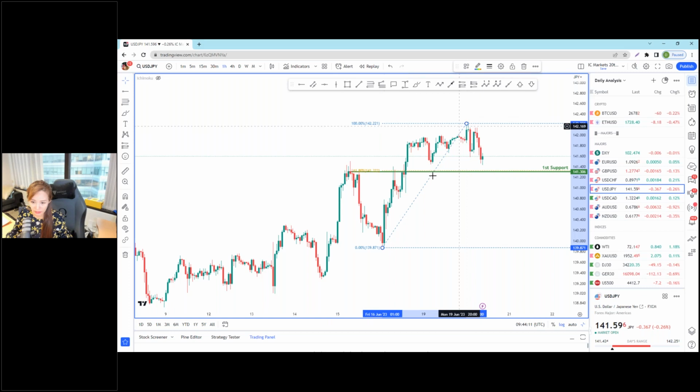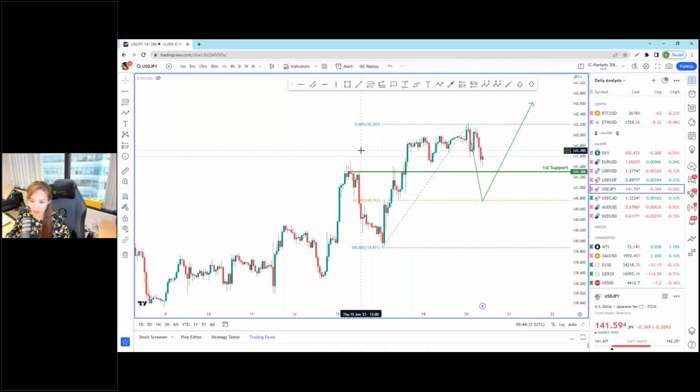Here is the starting point, ending point. If price is on an uptrend, you need to draw from your swing low to swing high, meaning that you wait for price to retrace and then go up. It's always like this, not drawn from the right to the left.